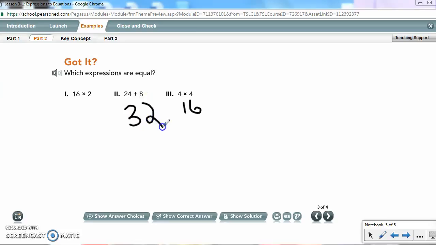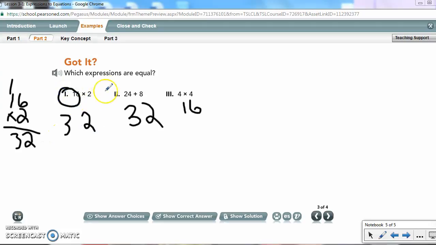What's 16 times 2? Well, if I have 16 and I'm multiplying it by 2, 6 times 2 will give me 12. Carry my 1. 2 times 1 is 2, plus 1 is 3. So which of these are equivalent? 1 and 2. Make sure you copy that in your notes.